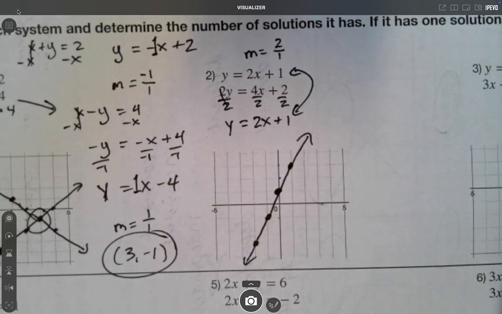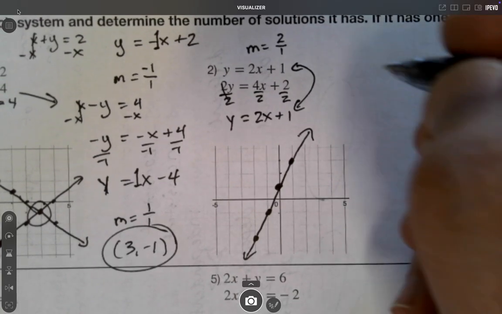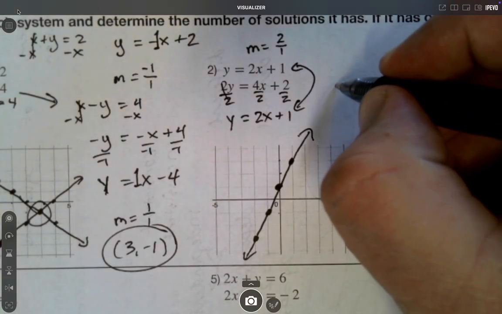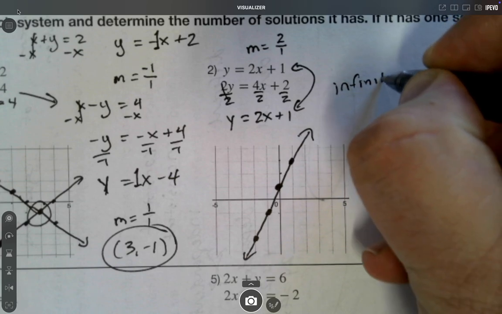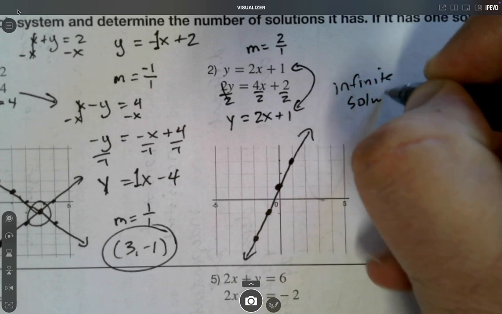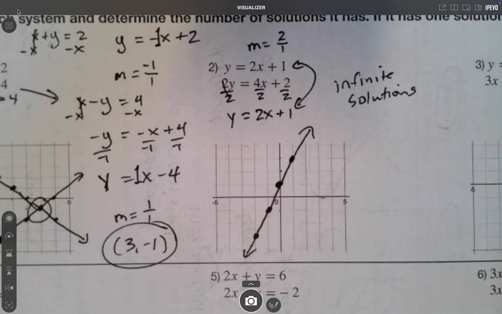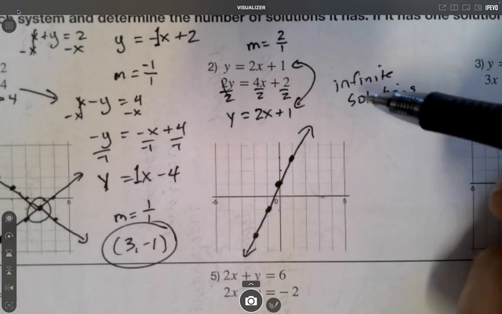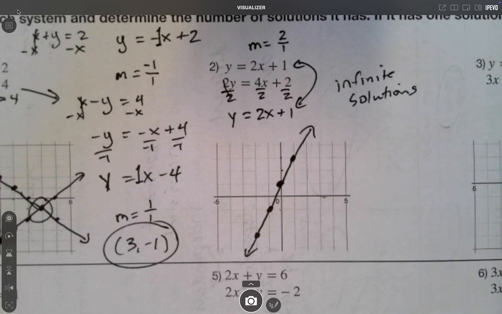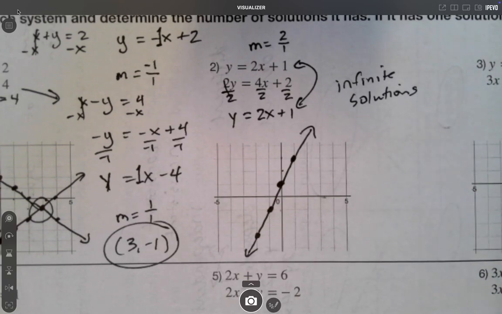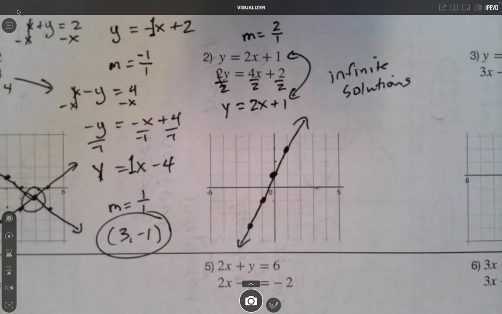So this is a situation where there are infinite solutions because these are the same line, so they overlap everywhere. It is literally the same line on top of itself, so they intersect everywhere. This is infinite solutions, and we would say it's consistent and dependent because they're the same line.